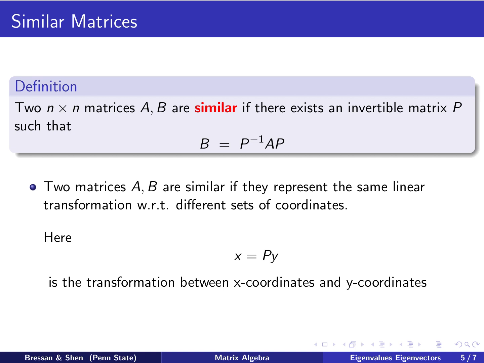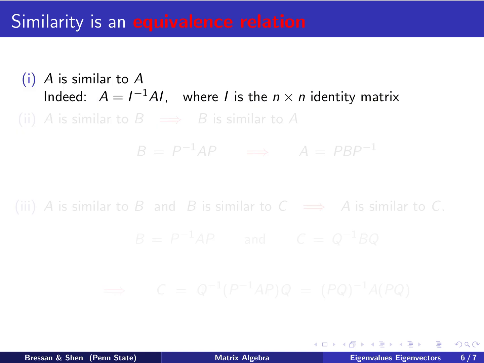So if you have an x coordinate and a y coordinate, related by x equals Py, then the transformation by multiplication of matrix A times x would be represented in the y coordinate by this matrix B. That basically says that if two matrices are similar, they are more or less describing the same linear transformation.